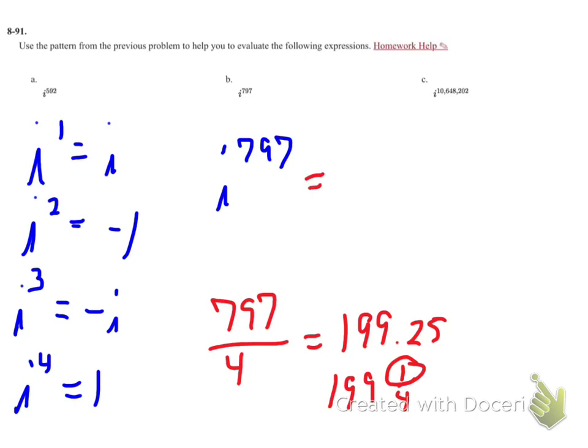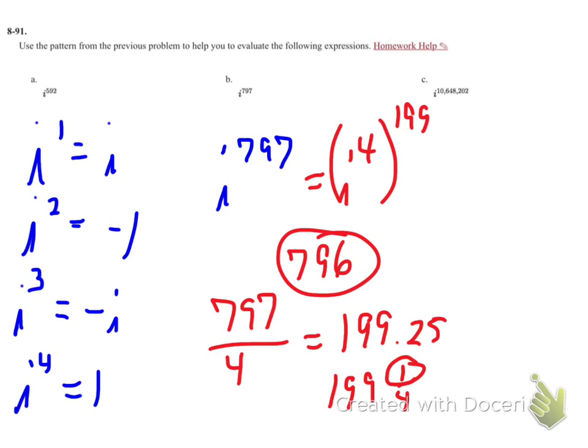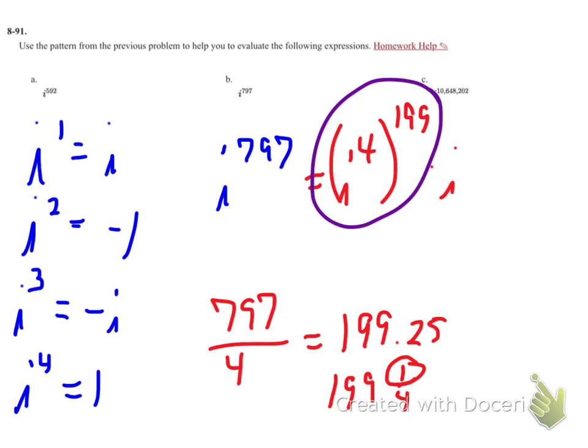So I can rewrite this as i to the fourth to the 199. That would be 796 i's. So what I need to do is account for that last one. So it's times i to the first. This all becomes a 1. So the answer is just i.